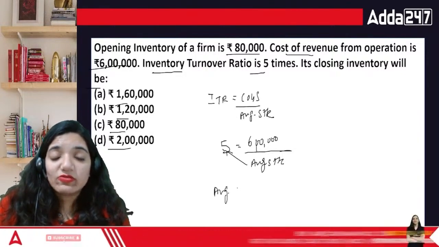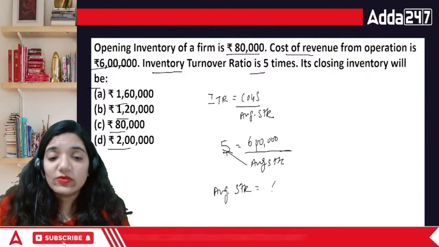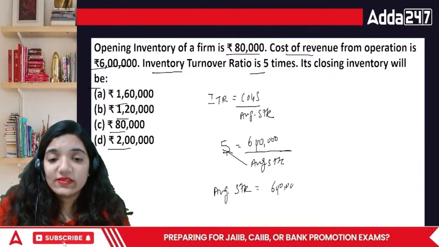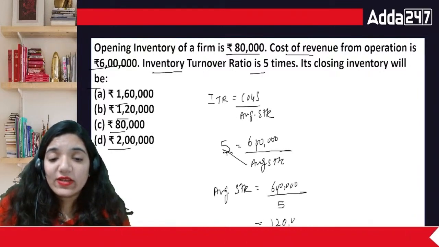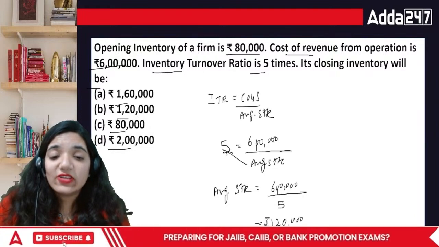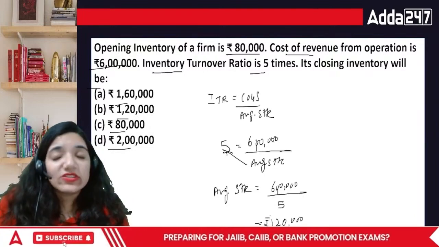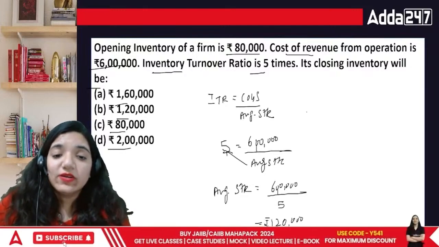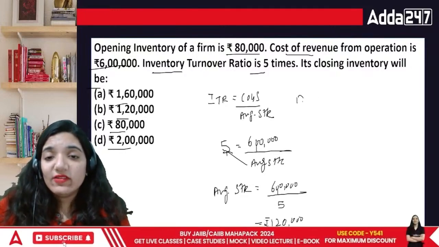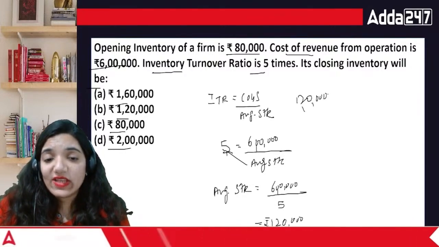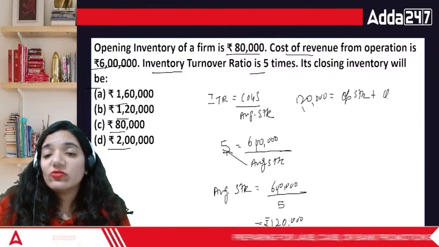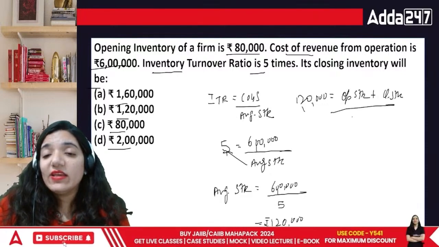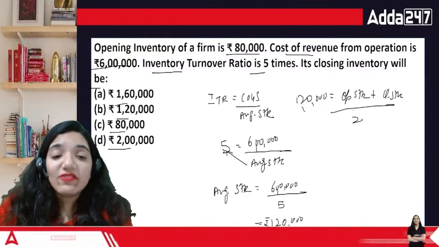Then average stock is equal to 6 lakhs divided by 5, so that would be 1,20,000. Now this is the average stock. Average means first year plus second year divided by 2. So this 1,20,000 is the average, which is opening stock plus the closing stock divided by 2. That is how we find the average.